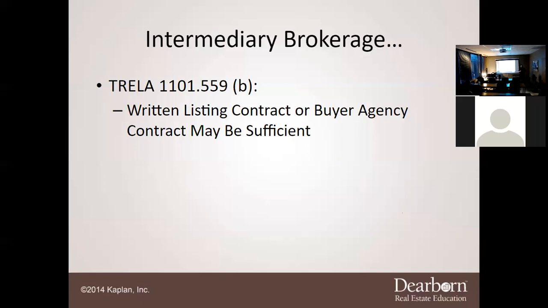Most brokerages may have anywhere from a 50-50 split to an 80-20 split. But this is what I try to tell everybody: every business model has to make money. Doesn't matter if you're KW, Century 21, Remax, myself, Nobles Realty, we all have to make money to operate.